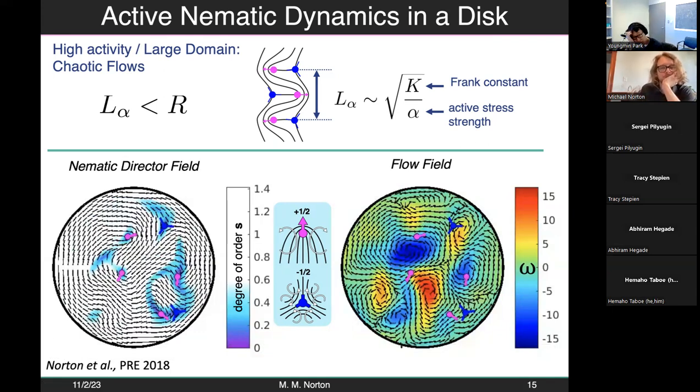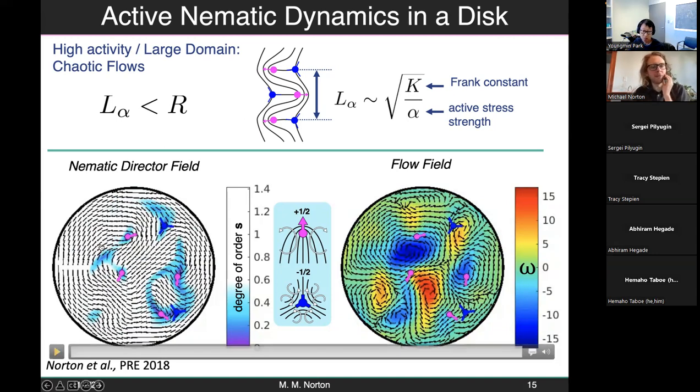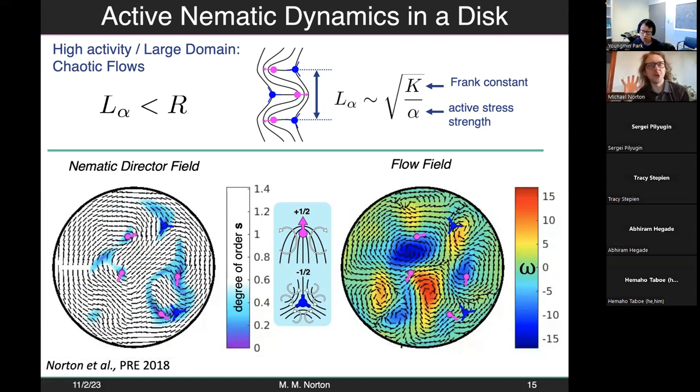I mean, the nematic director field, is that the motion of the microtubules, and the flow field is the motion of the fluid? What's the intuition? Yeah, that's a great question. This is what we call a one fluid model. So there's really only the velocity of the microtubules. There's no distinction between solvent and microtubules. We can argue about whether that's a good assumption. Sometimes it's not.